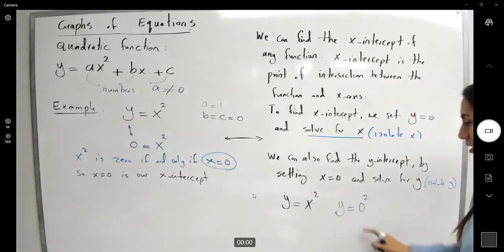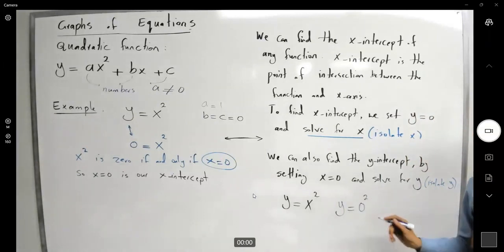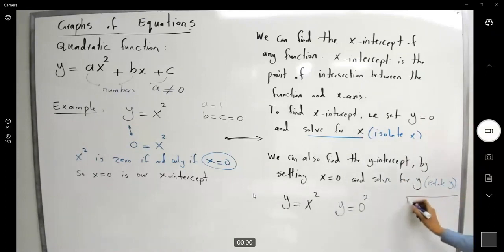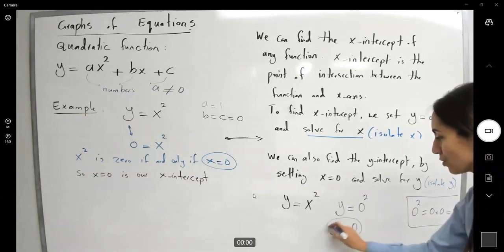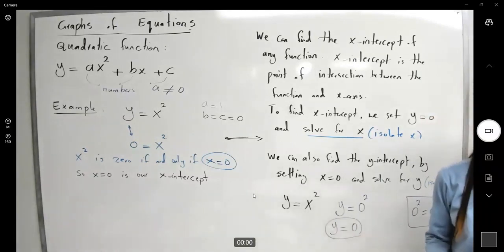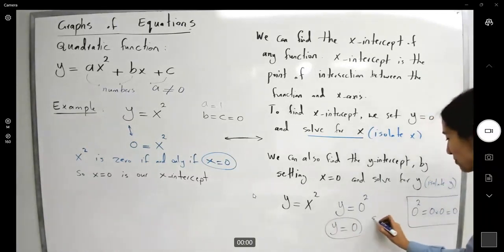What's the meaning of 0 to the second? It means that you are multiplying 0 by itself 2 times. 0 to the second is 0 times 0, which is 0. So you got y equal to 0. So my y-intercept is also 0.